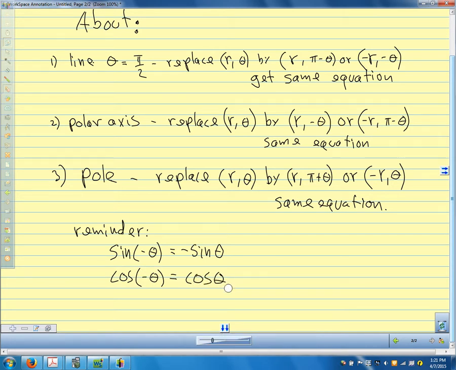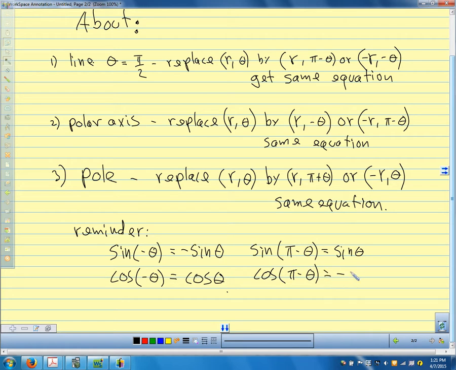Cosine function is even. Sine of pi minus theta is sine of theta. That doesn't change anything. And cosine of pi minus theta equals negative cosine theta. So we'd be using those identities to decide if we have the same equation.